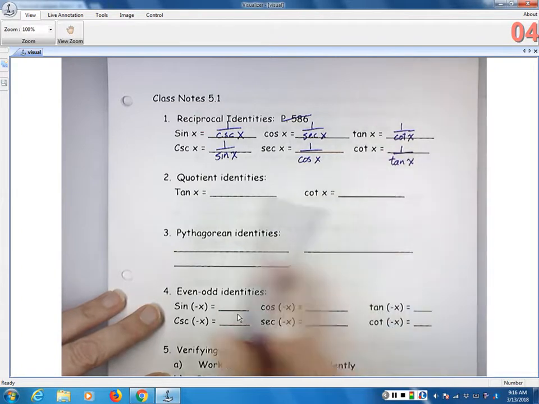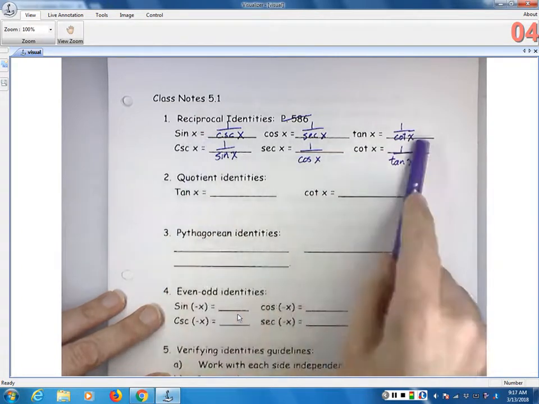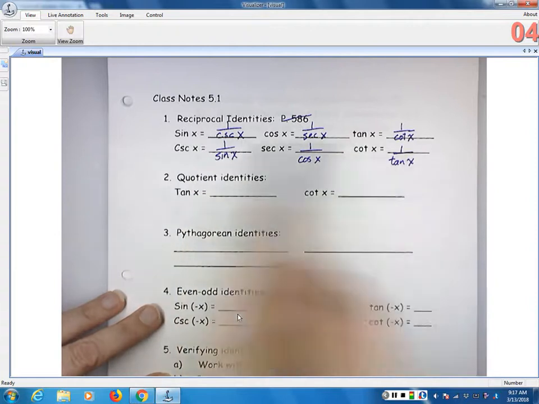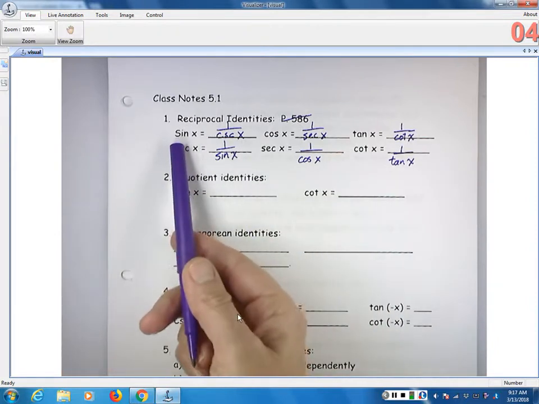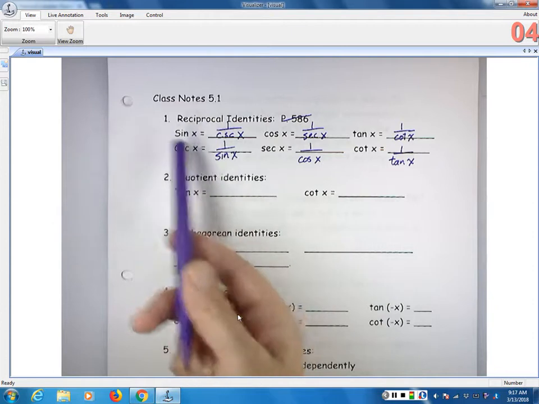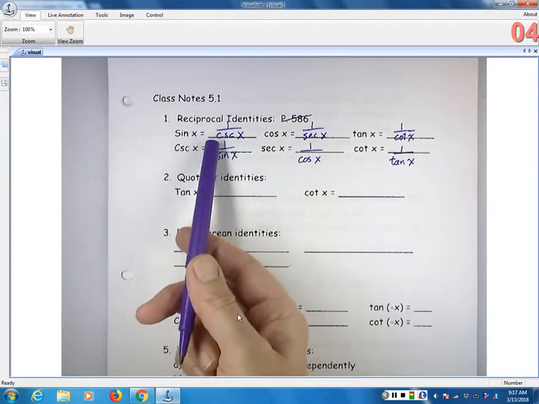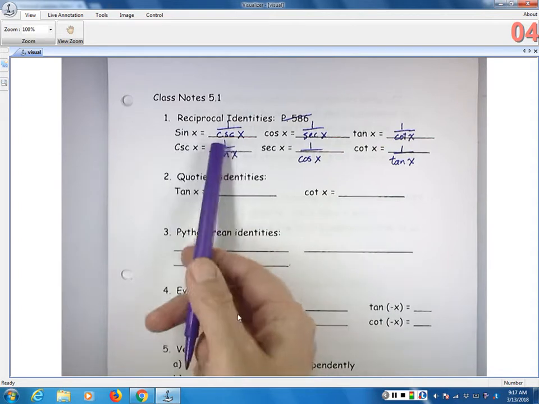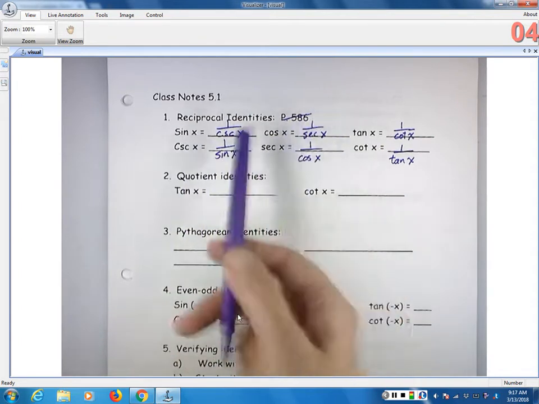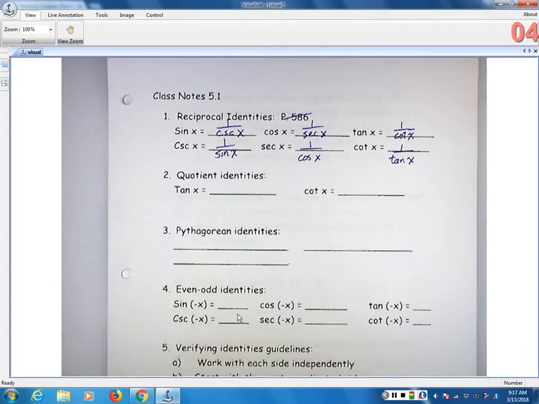If you have these memorized, you can figure these out. I just memorized that sine is 1 over the one that starts with the opposite letter, the C. Sine has cosecant. Cosecant is 1 over the one with the opposite letters.